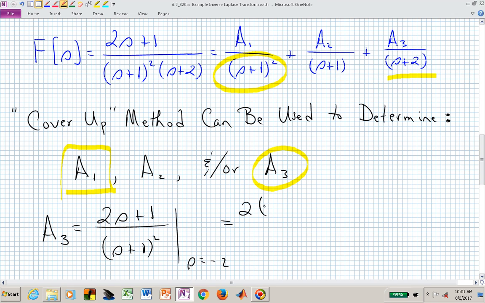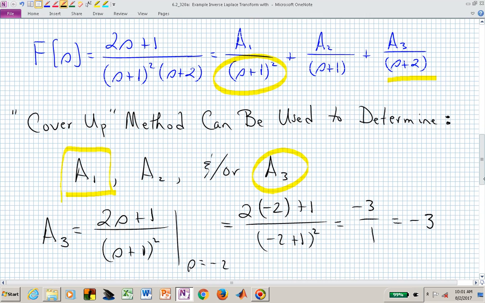That gives 2 times minus 2 plus 1 over minus 2 plus 1 quantity squared, which is minus 4 plus 1 upstairs, or minus 3, over minus 1 squared down below, which is 1. So we see that a sub 3 is actually minus 3.